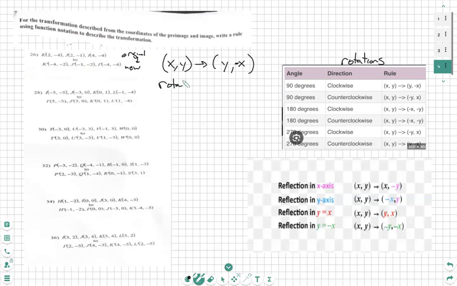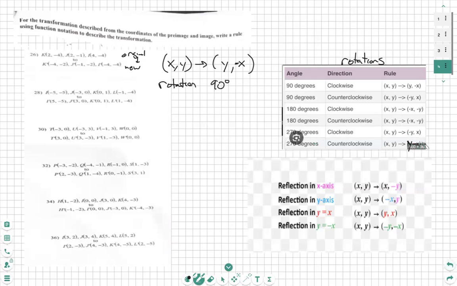Now we have to find out what type of rotation. So X and Y flip and X becomes multiplied by -1. We see that is a clockwise rotation of 90. So we can say 90-degree rotation. We can also see it's the same thing as a counterclockwise 270 rotation.